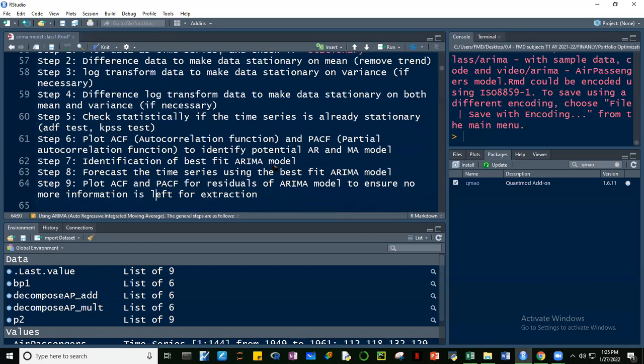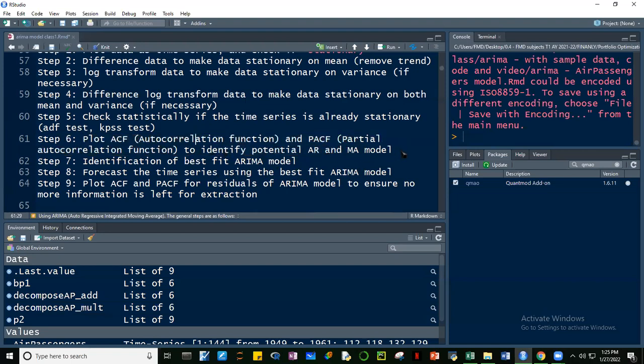Okay, once na confirm na natin stationary na, no? Nag step 6 and step 7. Okay? Yung step 6, ginagamit natin yung ACF and PACF para malaman natin kung ano yung best na AR at saka MA model. Okay, when I was studying, guys, nung inaaral ko itong time series several decades ago, no?